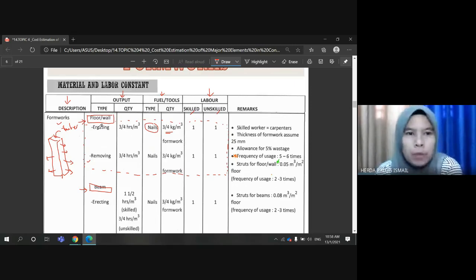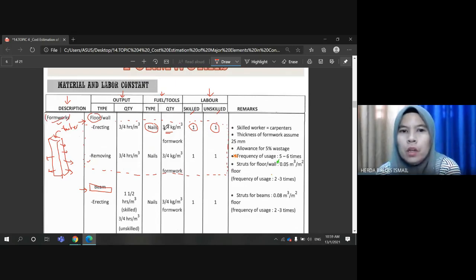So the first part, if the formwork is for the floor or slab, for this particular scope of work, it requires one skilled and one unskilled labor to do the assembling or erecting work of the timber to form the mold or the formwork.